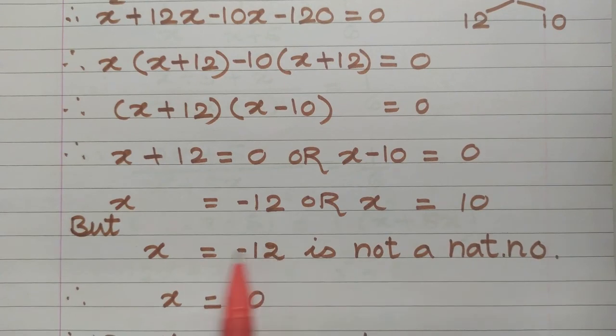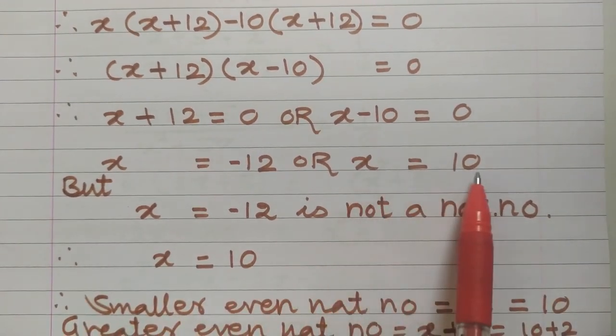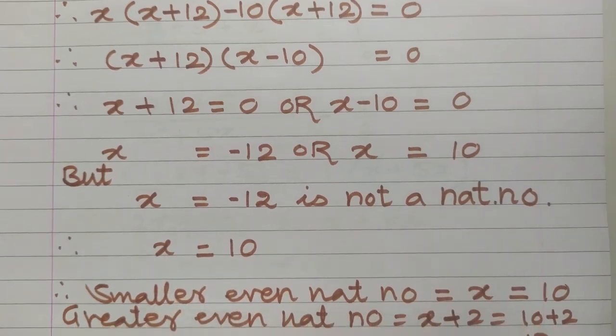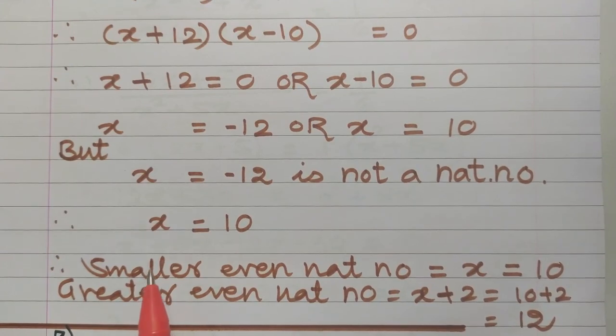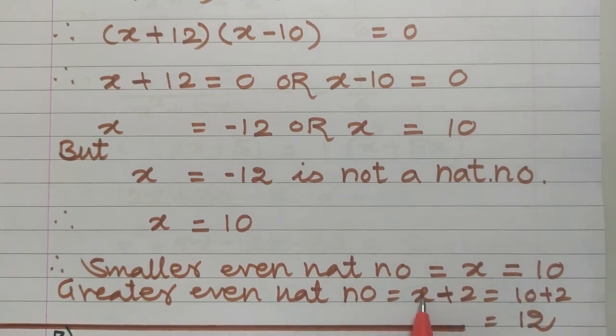So we cannot accept this particular value for this problem. So what will be our x then? The next value, which is equal to 10. So x is equal to 10 is our first natural number. Therefore, here I have written smaller even natural number which is equal to x will be equal to 10, and greater even natural number is equal to x plus 2. So it will be 10 plus 2. So the second natural number will be 12.